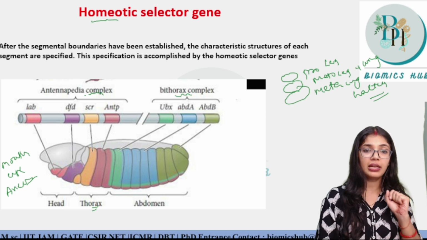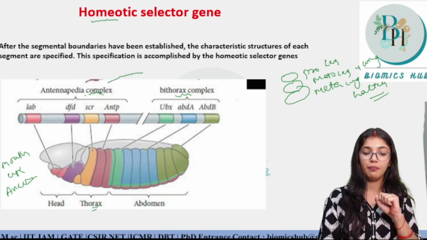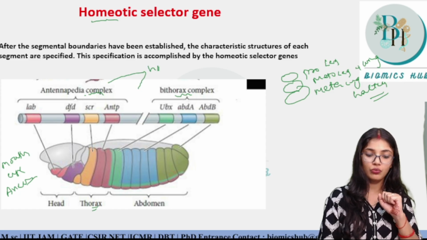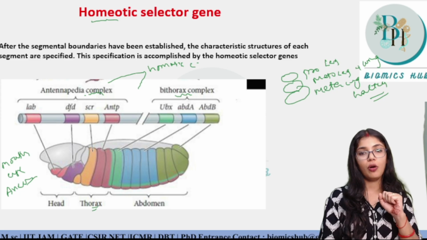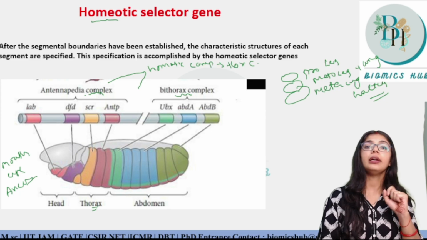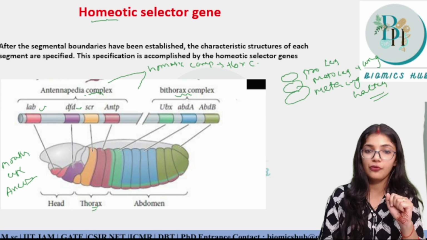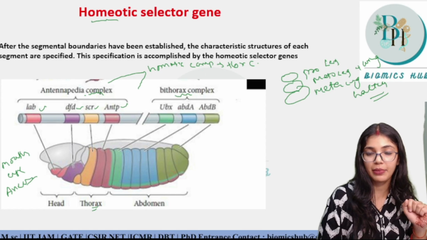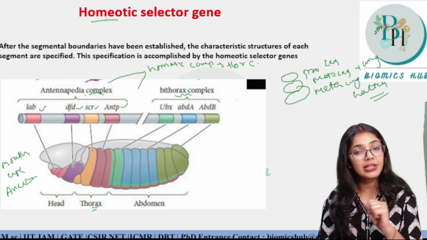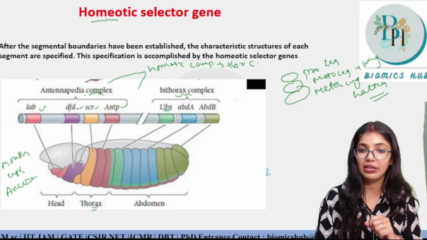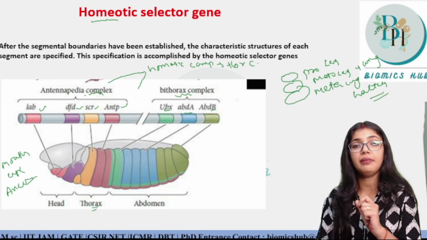Together they are known as the homeotic complex, or HOX-C. Under the antennapedia complex come genes like labial, deformed, sex-comb reduced and antennapedia. Under the bithorax complex come ultrabithorax, abdominal A and abdominal B.